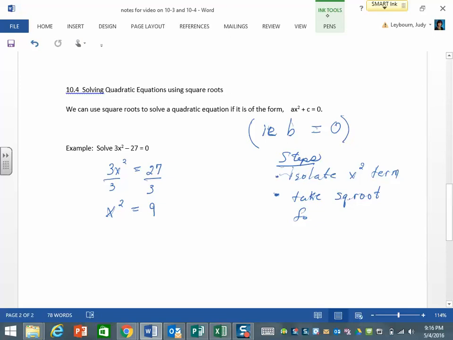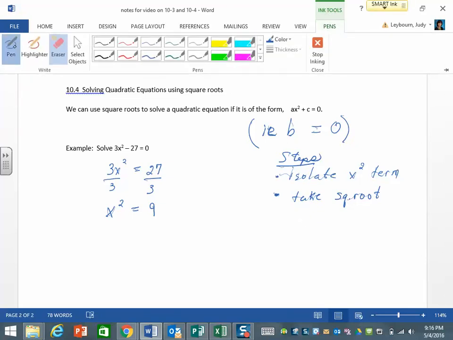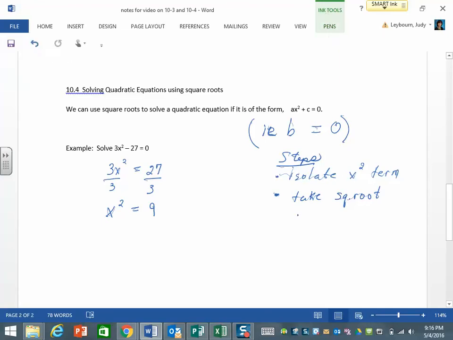Oops. Let me fix that real quick. Take square root of each side of the equation. And so I'd have x on this side, and here remember I have to bring in the plus or minus and square root of 9, and so it's going to tell me that x is equal to plus or minus 3.